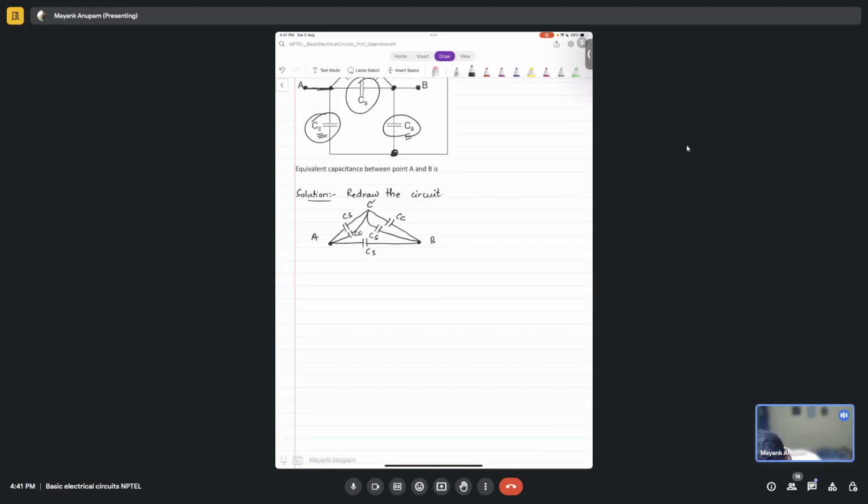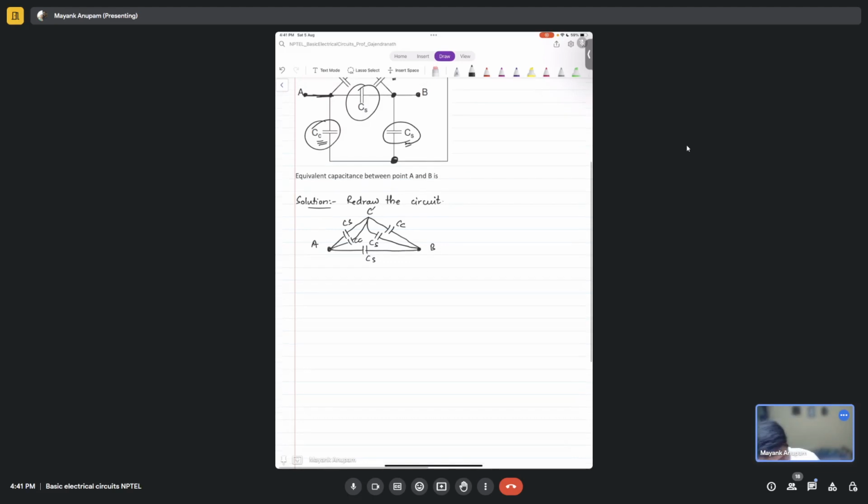Now tell me, what will be the equivalent capacitance between these two terminals, A and B? Come on, guys, please answer. Otherwise, it will be very boring for everyone.